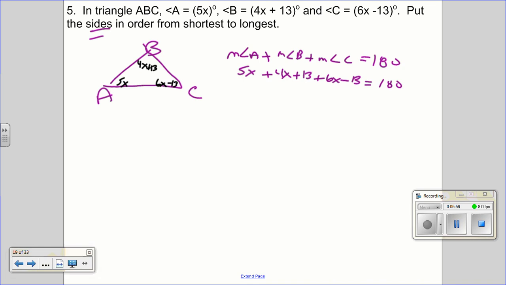So combine all our x's. I have 5x plus 4x makes 9x, plus 6x would make 15x. And then I have 13 minus 13, which would be nothing. Now I need to take 180 and divide it by 15. Need my handy dandy calculator.